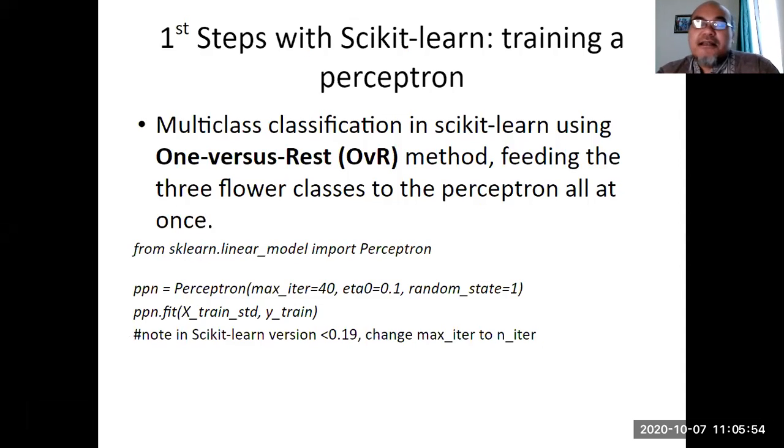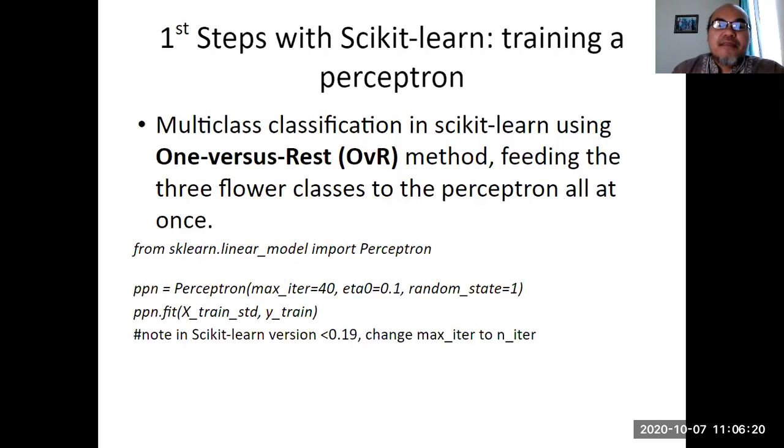But using scikit-learn, we can use the perceptron for multi-class classification using the one versus rest, or OVR, method, which will fit the three flower classes, Setosa, Versicolor, and Virginica, to the perceptron all at once. So here from sklearn.linear_model, import the Perceptron algorithm.